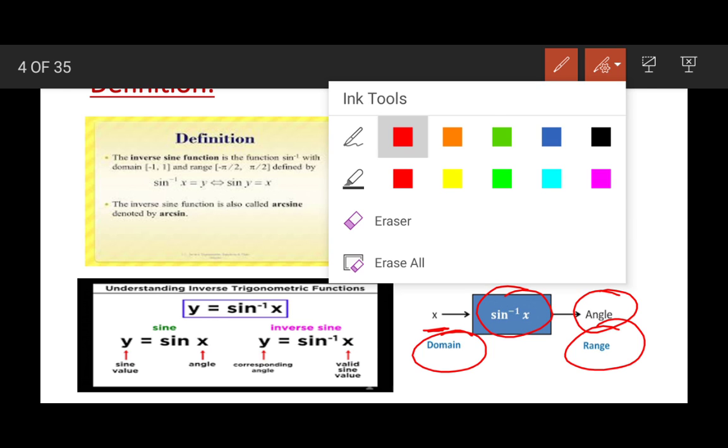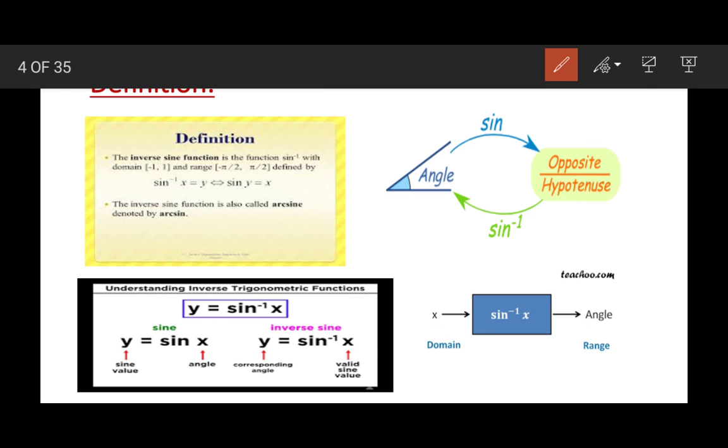If sine inverse x is given, x, the value, is the domain, and the angle theta will be the range. So now see the definition.